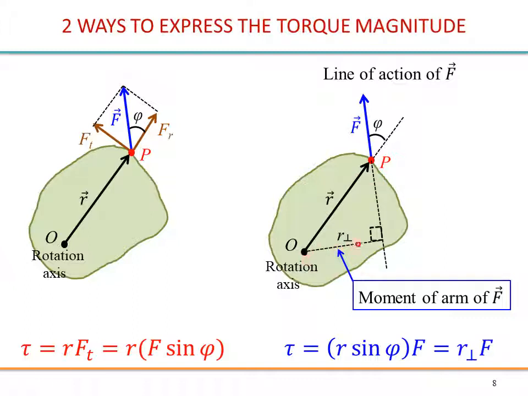Therefore, this distance is r sine phi. Okay, so you have two ways of calculating your torque in practice. Which one you choose will depend on the situation. Sometimes it's easier to find the lever arm than to calculate this, so it will depend on the situation.